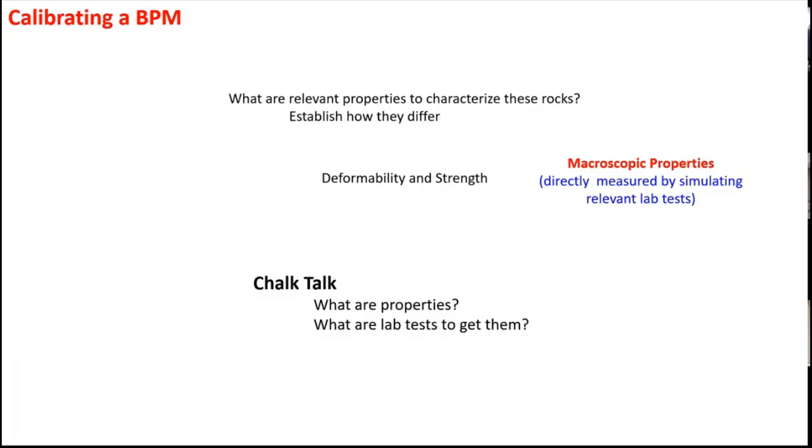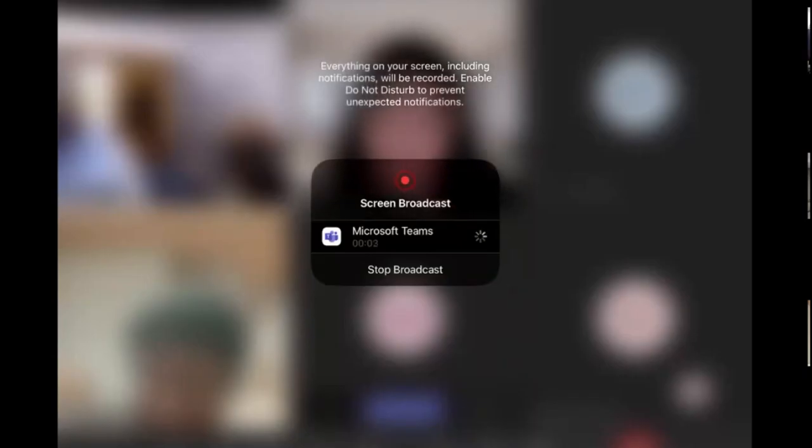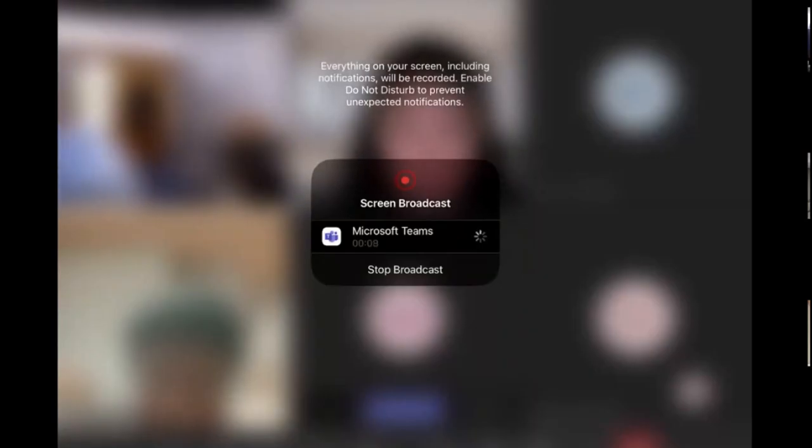the slides. So I'm going to go here and say share my screen. Okay, we should have screen in 3, 2, 1. And can you see this other screen? Yep, we can see that.